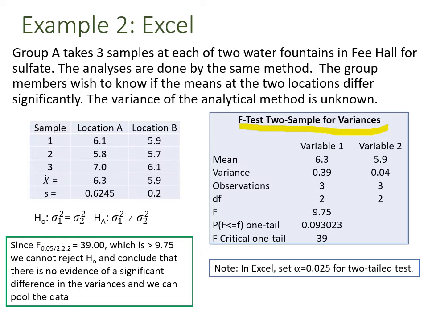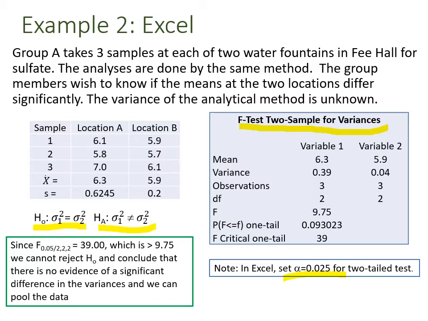Be sure to set the alpha value at 0.025 for a two-tail test if you're looking at the 95% confidence interval. Remember, again, what we're doing is we're testing a null hypothesis that the variances of the two sets of data are equal and an alternative that they are unequal.